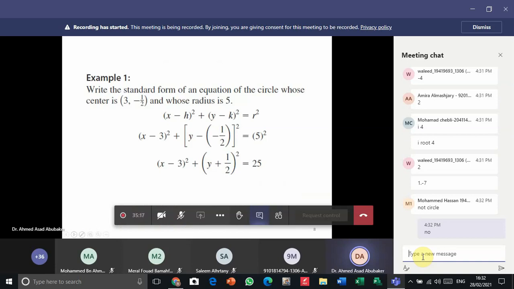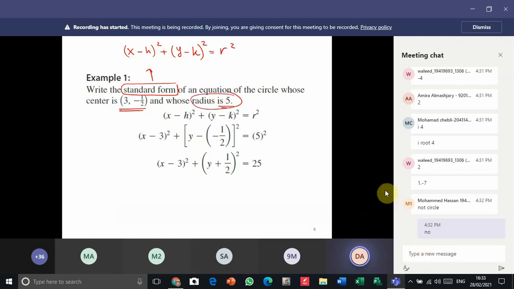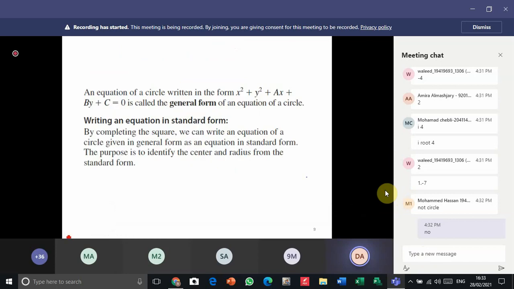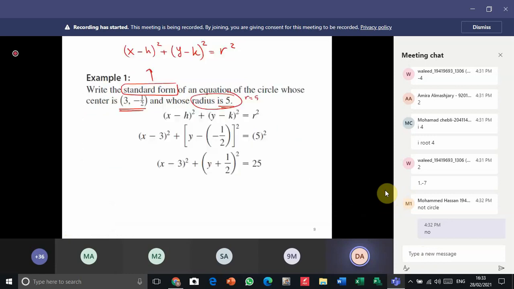Look at this. Write the standard form of the equation of the circle whose center is this and whose radius is this. If we need to find the standard form, it equals what? (x minus h) square plus (y minus k) square equal r square. So look at this, the radius r equals 5, and for the center we have the value of h and the value of k.